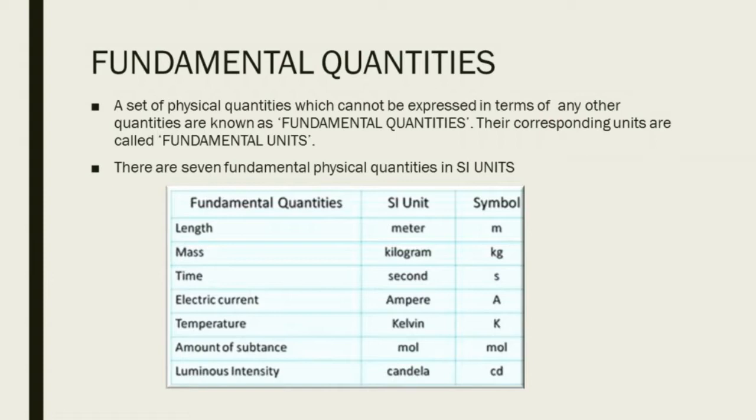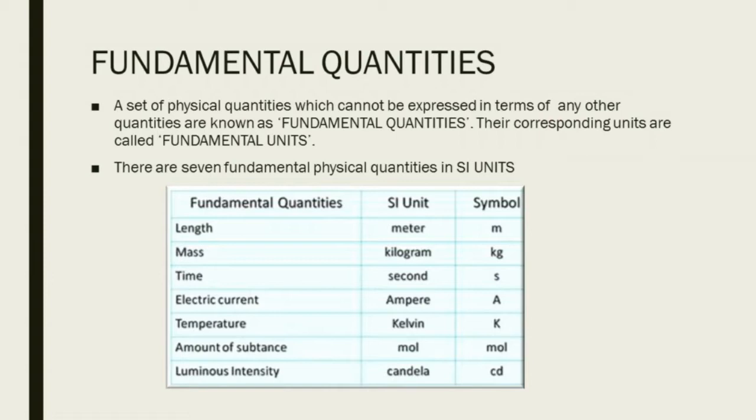Their corresponding units are called fundamental units. There are 7 fundamental physical quantities in SI units. What are they? Length, mass, time, electric current, temperature, amount of substance, luminous intensity.